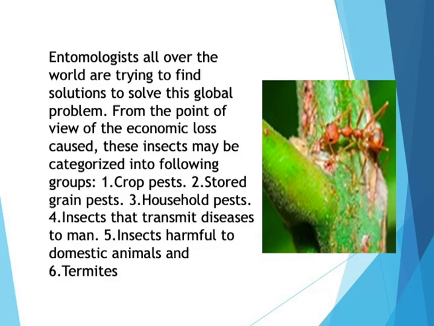Entomologists all over the world are trying to find solutions to solve this global problem. From the point of view of the economic loss caused, these insects may be categorized into a few groups: crop pests, stored grain pests, household pests, insects that transmit diseases to man, insects harmful to domestic animals, and termites.